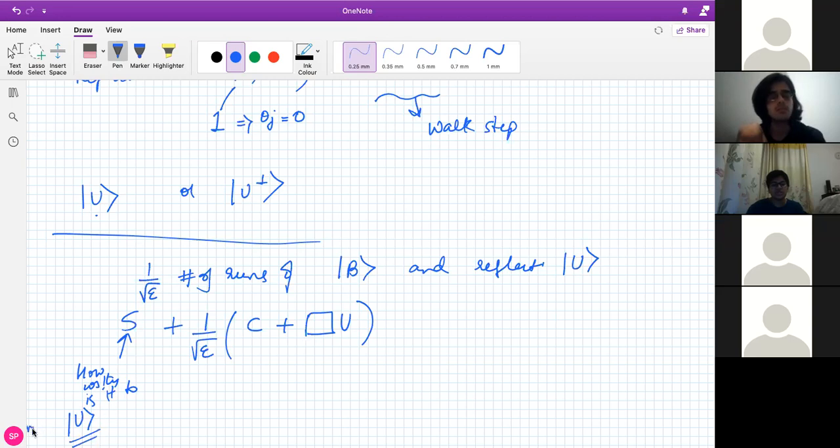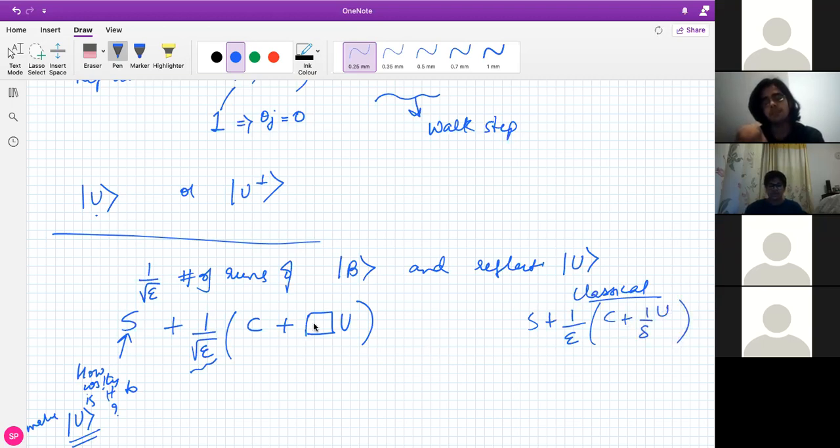Now you already see there is a change in the value here, because the classical one was S plus 1 by epsilon C plus 1 by delta U. And I'm going to show that this value is going to be 1 by this term.